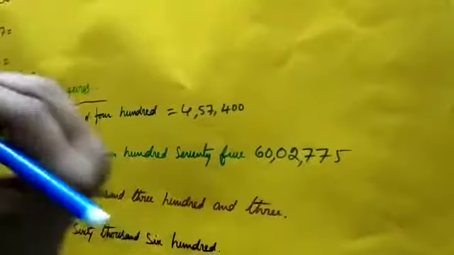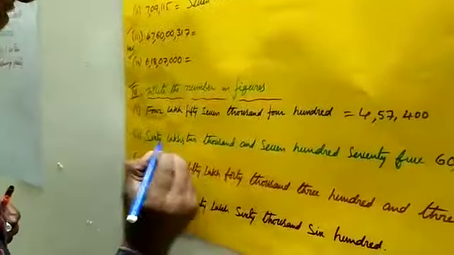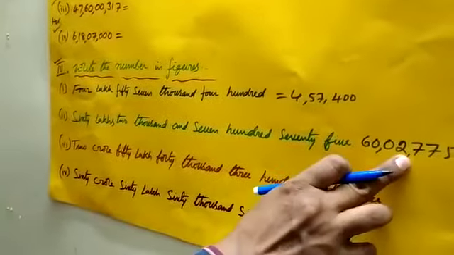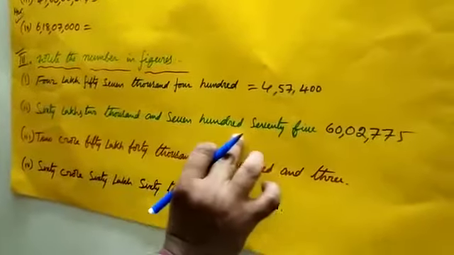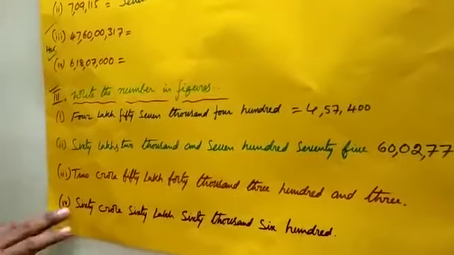Divided with comma, 60 lakhs 2,775. Next, go to the fourth row.